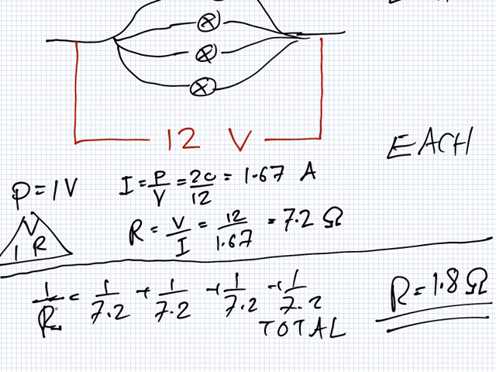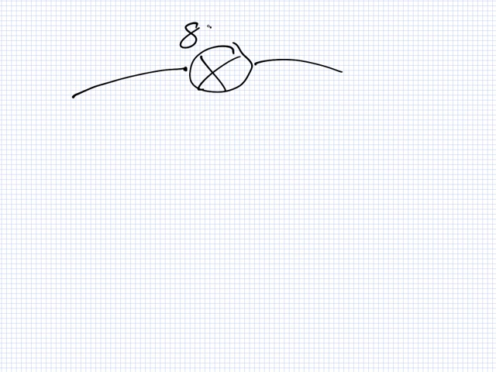There is another way to do it, which gives you the same answer. Can I show you? So what you could do is put the 4 light bulbs together as one large light bulb. So if they're 20 watts each, how much is the total light bulb? 80 watts. And what's the voltage? 12 volts.